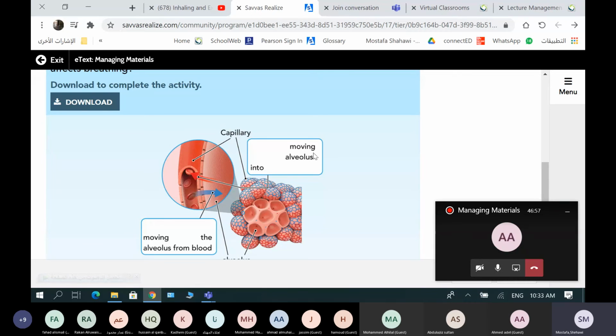Number one, moving from the alveolus into what? You see this one? This is red blood cells inside the capillary.